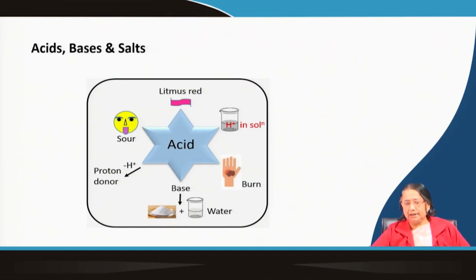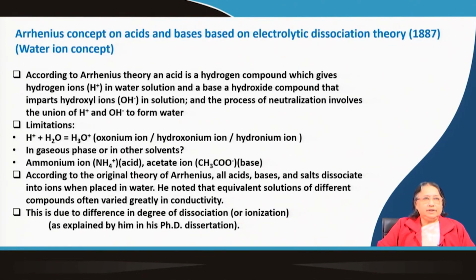The first modern concept was given by Arrhenius, and he said that an acid is something which gives hydrogen ions in water solution, and a base is something which gives hydroxide ions, and the neutralization process is nothing but the union of H+ and OH- to form water.